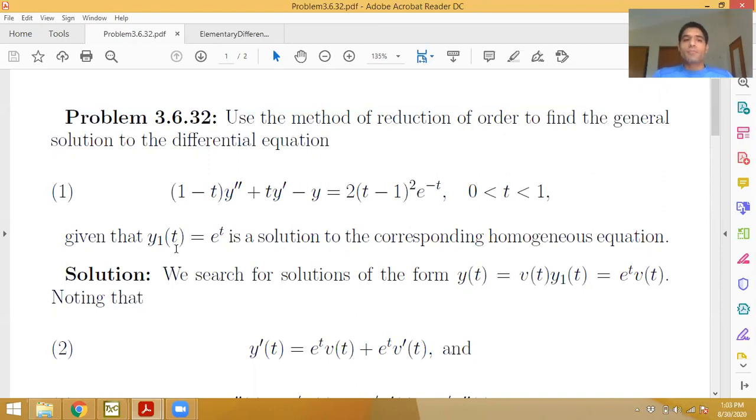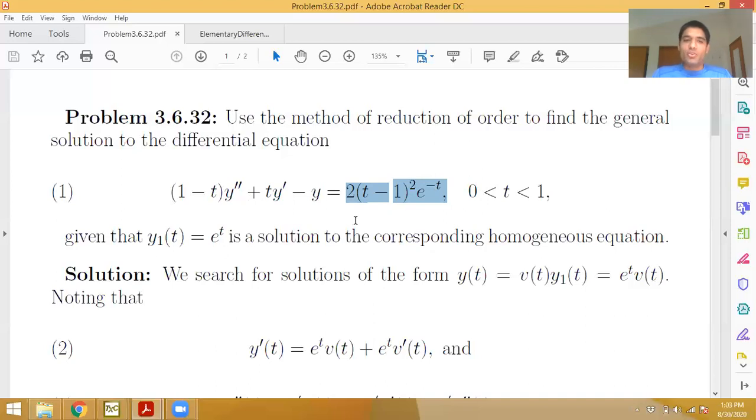We are told that y1(t) = e^t is a solution to equation 1. It is a solution to the corresponding homogeneous equation, which means that this term here is replaced by 0. Then e^t is going to be a solution.